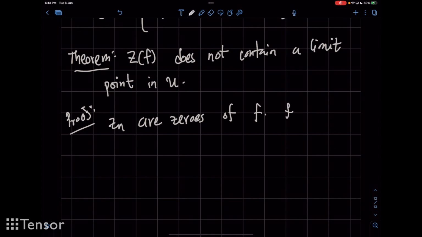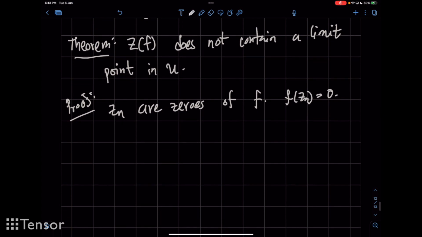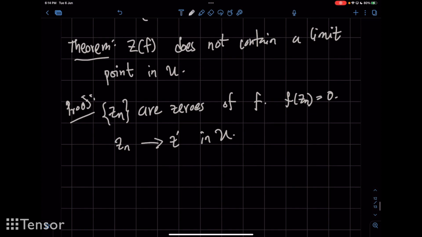So that is f of Zn is equal to 0. And assume for the sake of contradiction that the sequence Zn converges to some Z prime in U. So we are assuming that the set Z of f has a limit point. If the set Z of f has a limit point in U, that means there is some element Z prime in U for which we can form a convergent sequence that converges to Z prime.